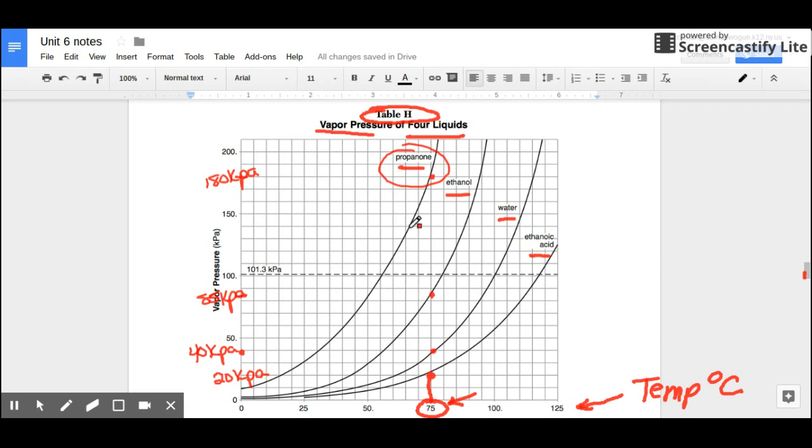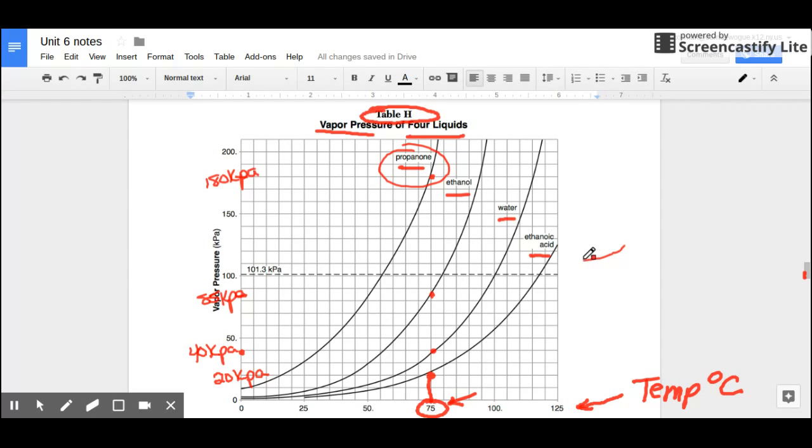The other thing they will ask you is which one of these four substances has the strongest intermolecular forces of attraction. Keep in mind that if you have strong intermolecular forces of attraction, your vapor pressure is going to be low, because you're holding onto the molecules very tightly.